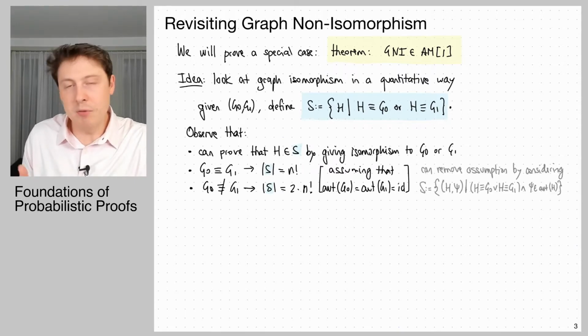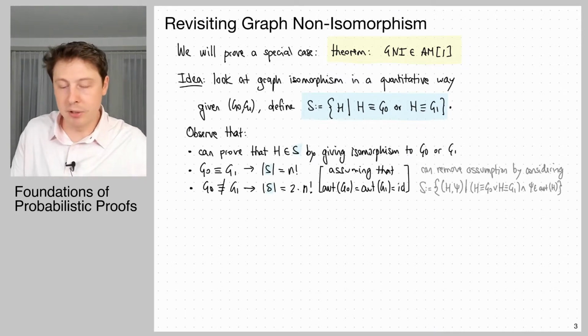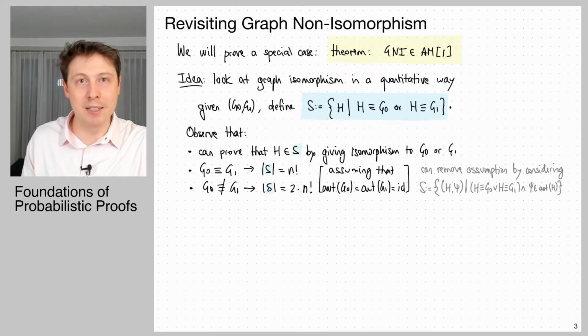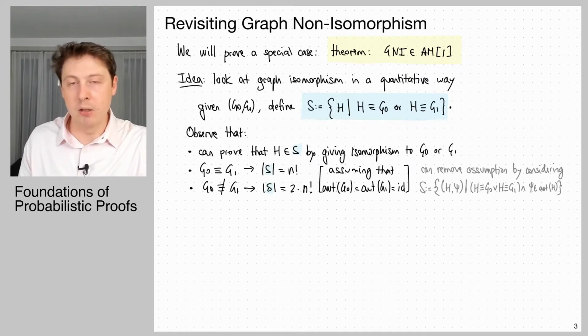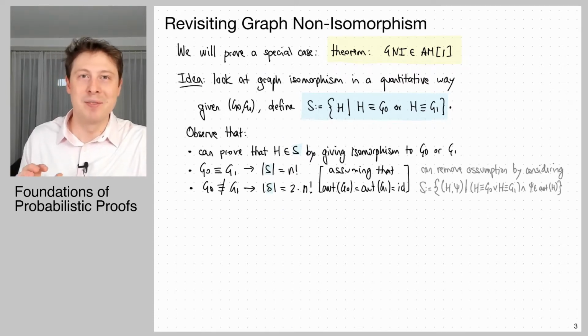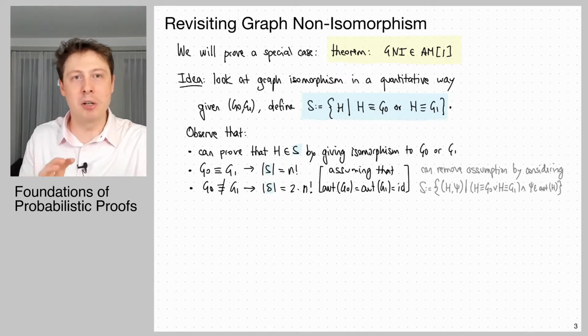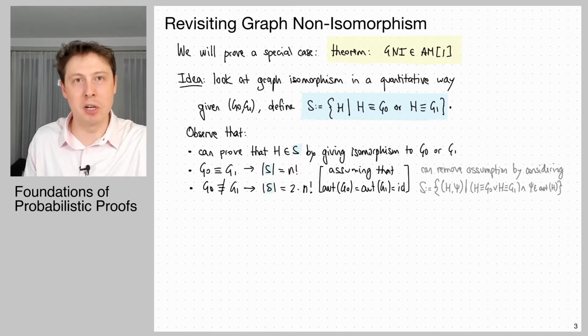Just to let you know, you can remove this assumption easily by considering a related set that I wrote here in gray. For this set S, consider a pair which is an isomorphic graph H and an isomorphism psi which is in the automorphism group of H. While before you were modding out by the automorphism group, here you bring it back in.